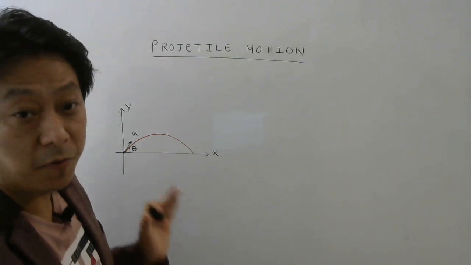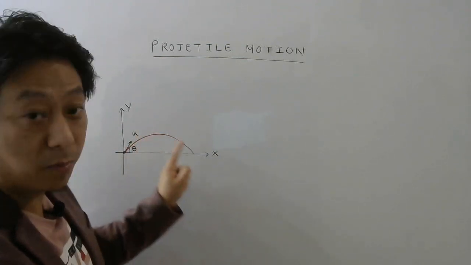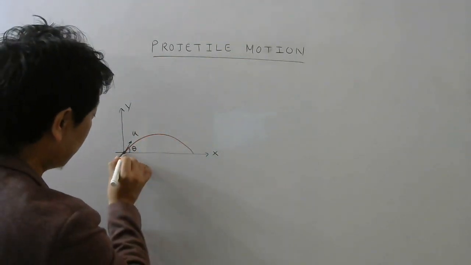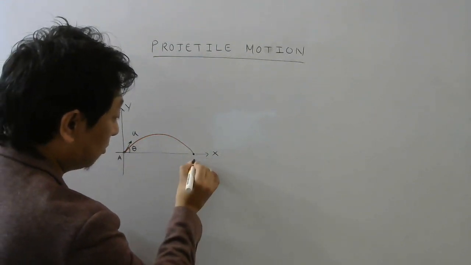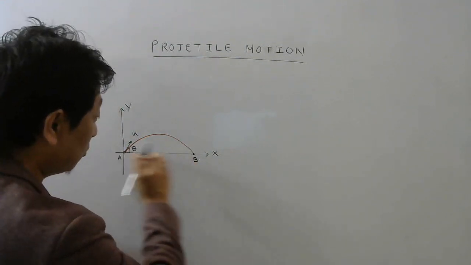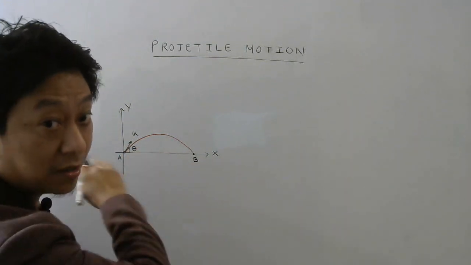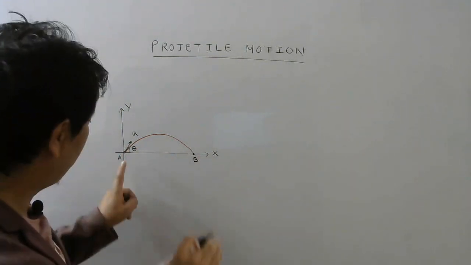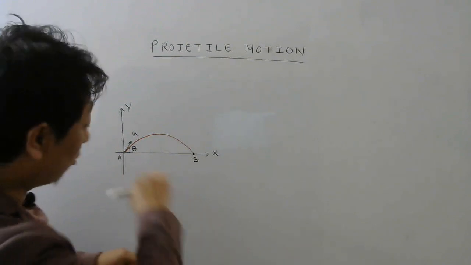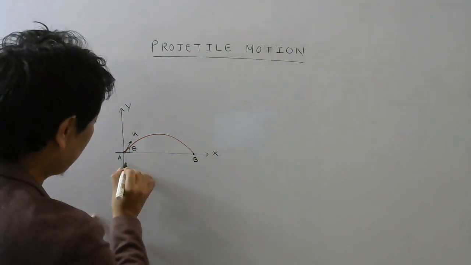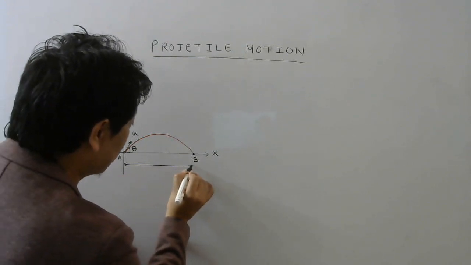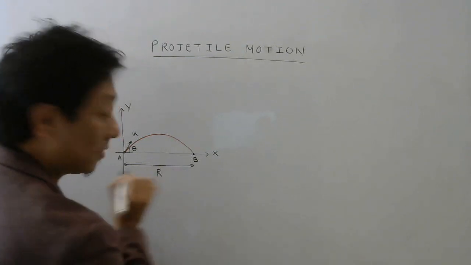Okay. Now, if your particle completes a parabola where the initial position, let us call this position A, and the final position B, if these two lie on the same horizontal line, then this horizontal distance covered is called range.